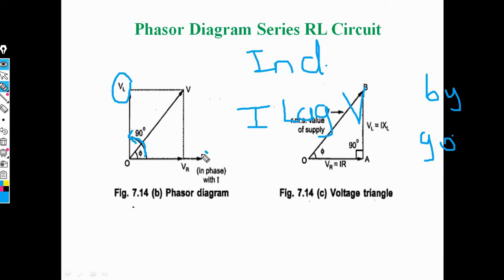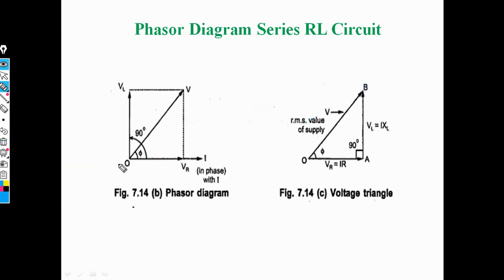That is, current I is lagged by voltage 90 degree, so the angle here is 90 degree. Here is the minus sign and here the plus sign; the angle is positive, but after this y-axis the angle is negative.